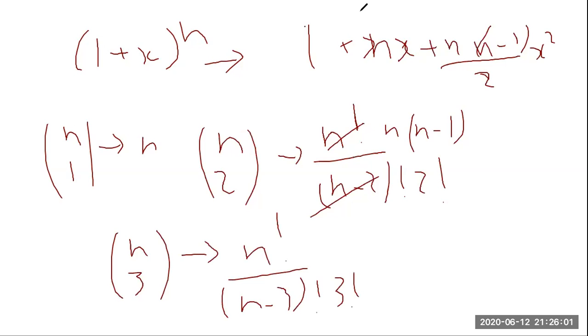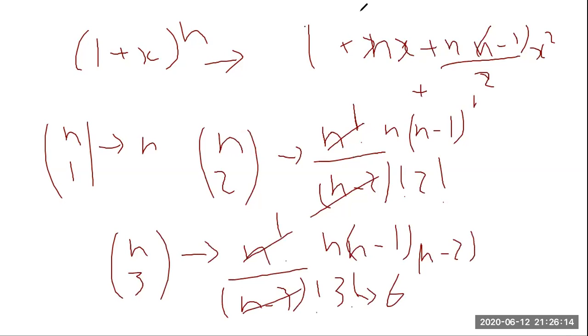So 3 factorial is going to be 6, and this cancels out. So we have n(n minus 1)(n minus 2), so we get plus n(n minus 1)(n minus 2) by 6 x cubed. Okay, so I'm going to erase all the stuff.